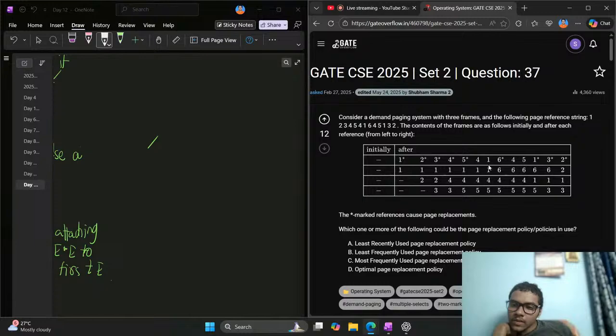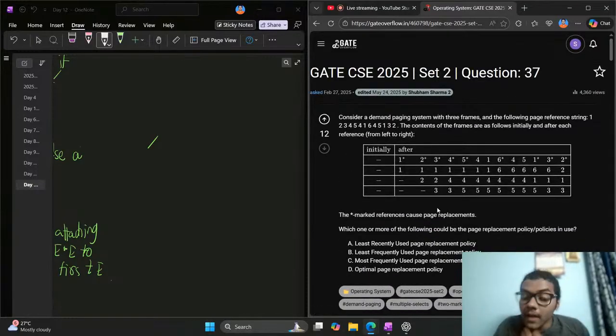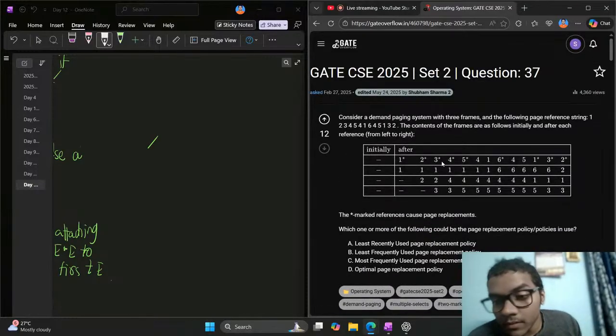So okay, 4 is there, 1 is there, and 6 is selected from 1. Yeah, so the thing is, 4 is replaced in the middle, 5 is replaced here.